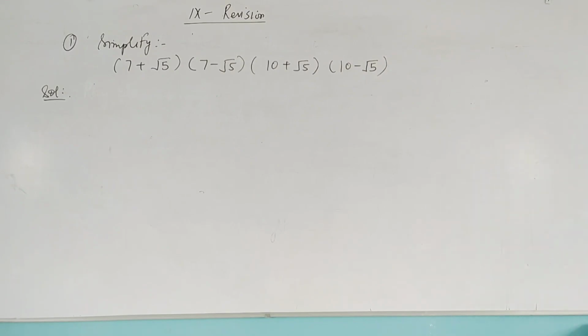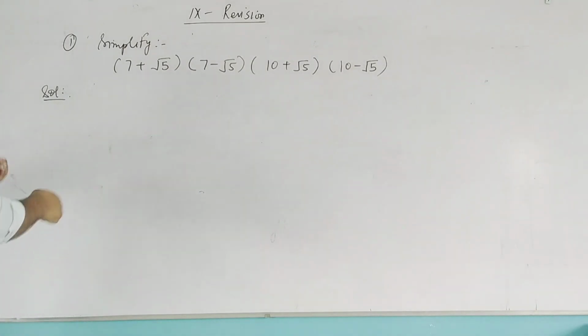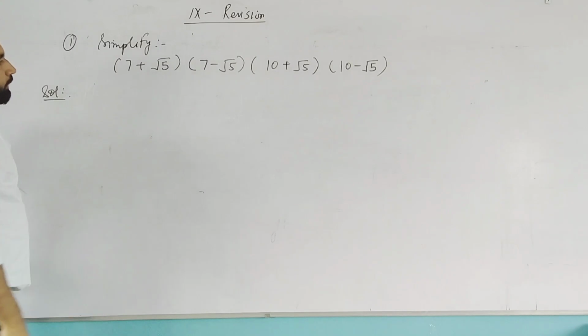Now we have the next question, simplification. 7 plus root 5 in one bracket, and in the other bracket we have 7 minus root 5. After that, in the next brackets we have 10 plus root 5 and 10 minus root 5.